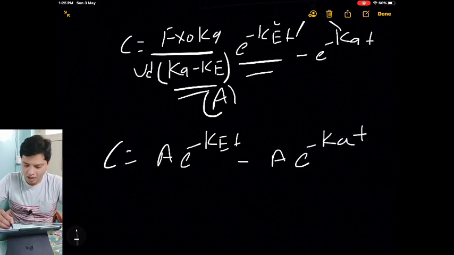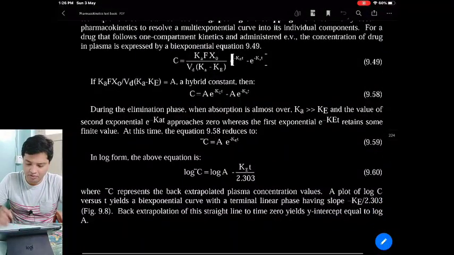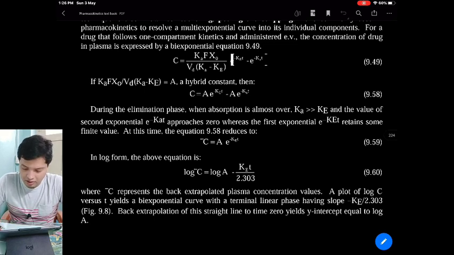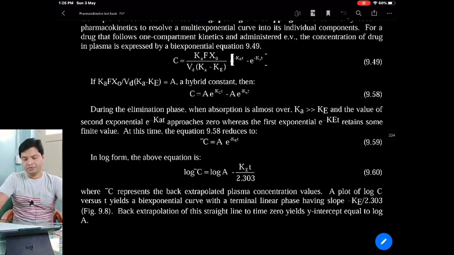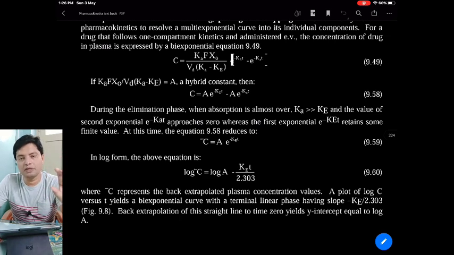During the elimination phase, when the absorption is almost over, the absorption exponent is 0, so we are left with only one. I said the residual method is used to convert the multi-exponent to a single exponent. Now I need not consider the absorption exponent.